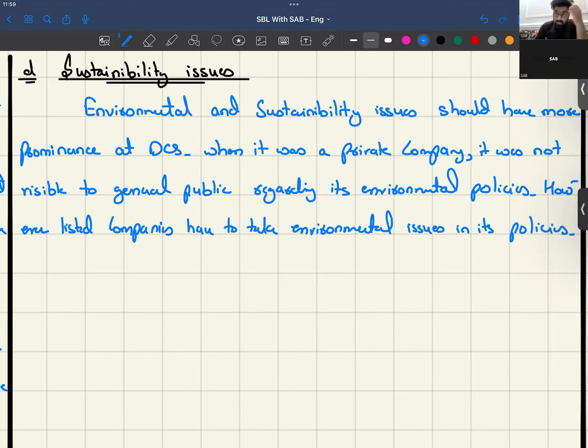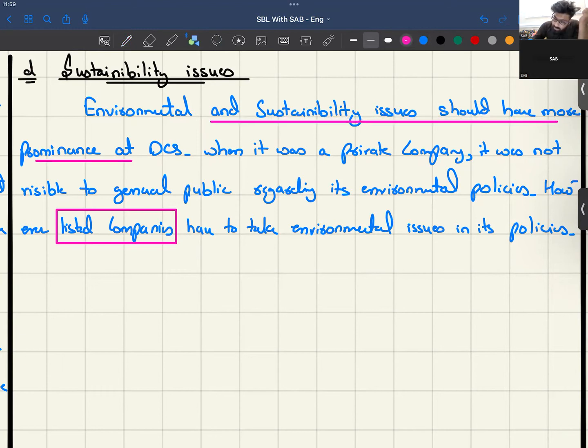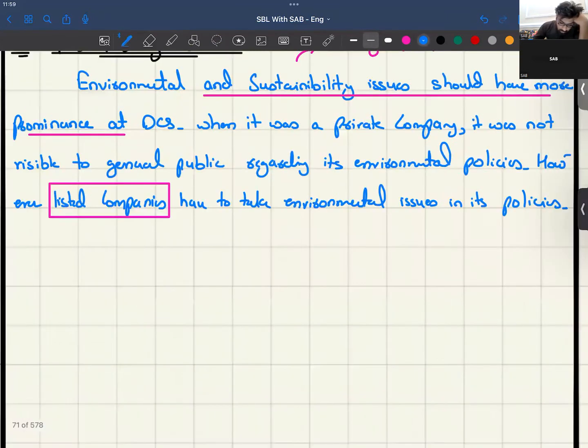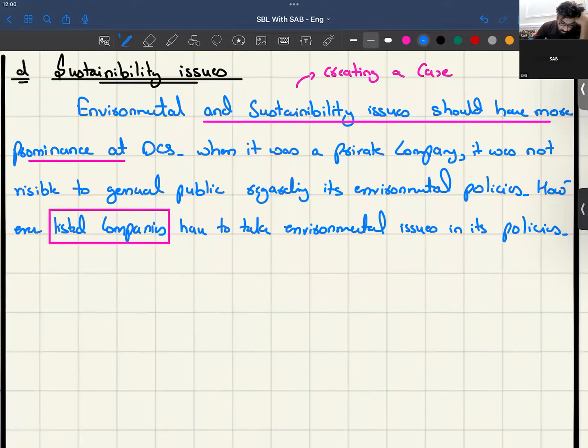So now it has concerns over the environment, so it has to take impact, right? Because it's now a public limited company or listed company. So we just referred to that since it was a private company. This is how you have to create a case, right? This is what we say creating a case. So have environmental issues and policies.